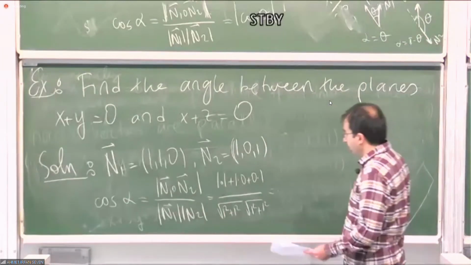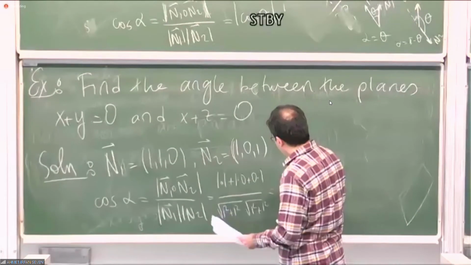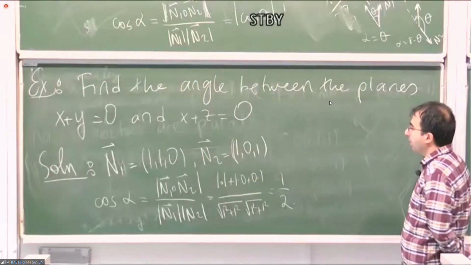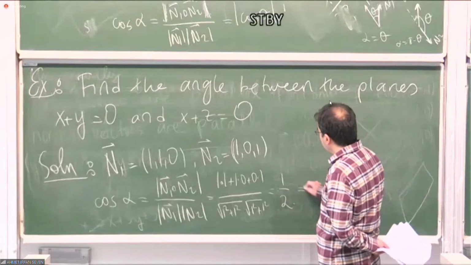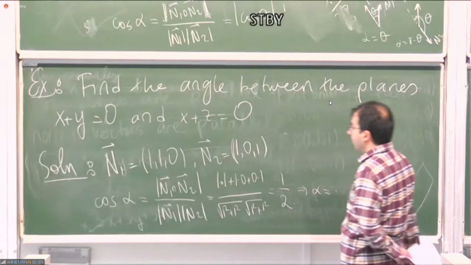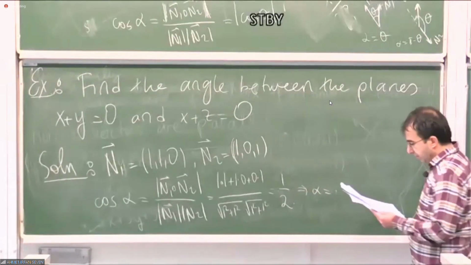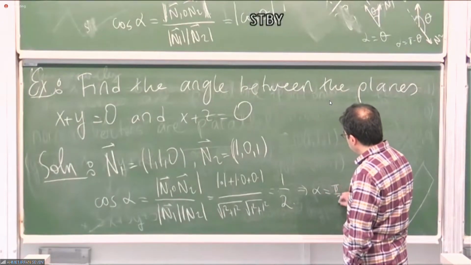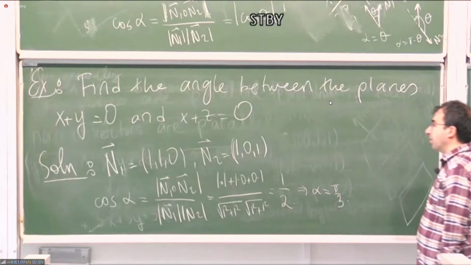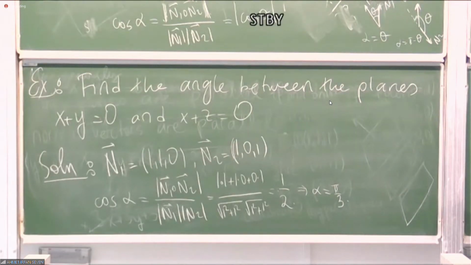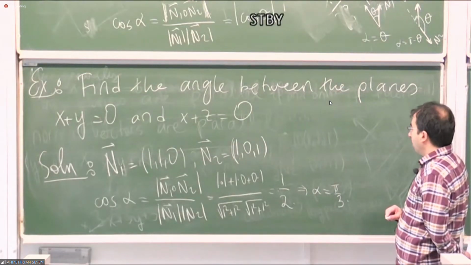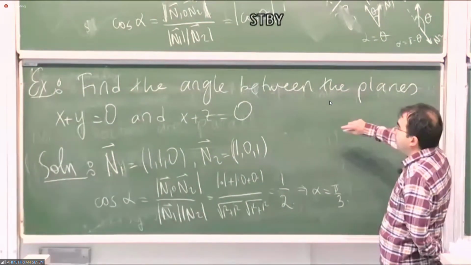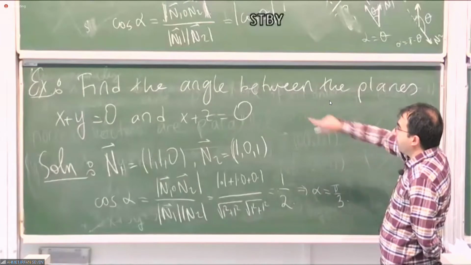So it will be equal to 1 over 2, you see. Okay, then what is angle alpha? Cosine alpha is 1 over 2, so it will be 60 degrees, right? So pi over 3. Okay. Again, this is for the acute angle.